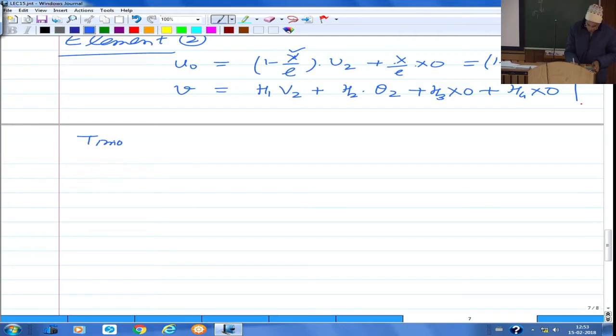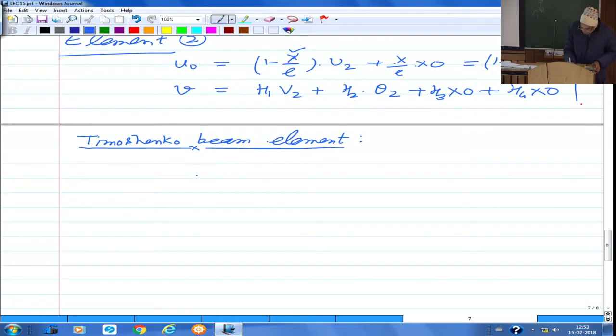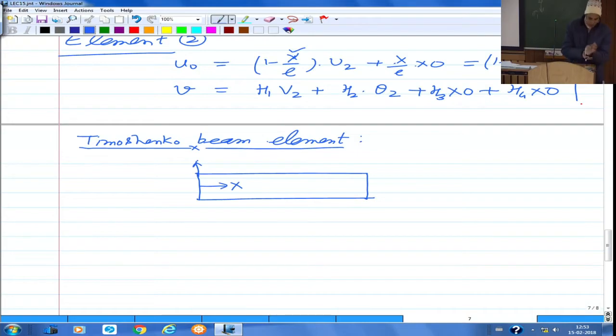So far what we have done, we have assumed that the normal to the middle surface or neutral surface remains normal after the deformation of the beam. Now we are going to relax that. So if you have, let us say, this beam, and still talk in terms of the local coordinate system x and y.